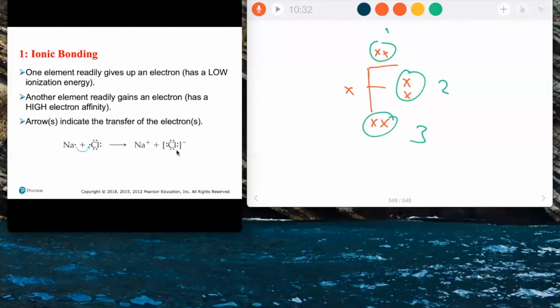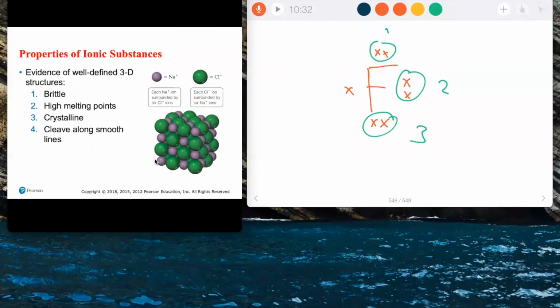What I want to point out is that the parentheses here indicate that the transferred electron is on chlorine now, or any other element in question, to form the ion. From the YouTube simulation, you watched how the crystal structure is shattered when positive and positive are aligned and negative and negative are aligned.